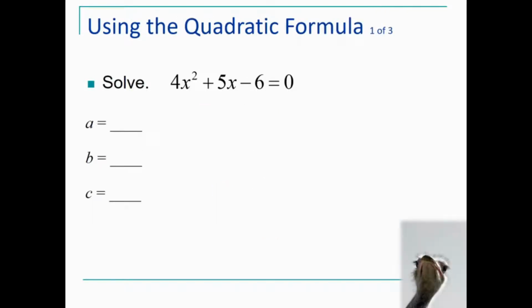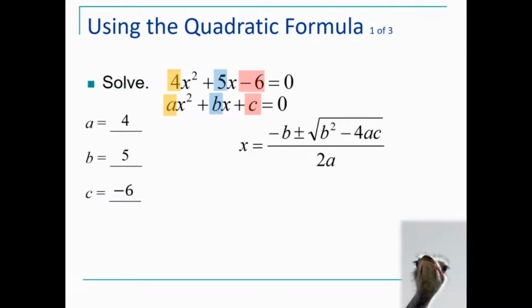So let's take a look at using the quadratic formula to solve this quadratic equation. This equation is in standard form, which allows us to determine the value of a, which is 4, b, which is 5, and c, which is -6.